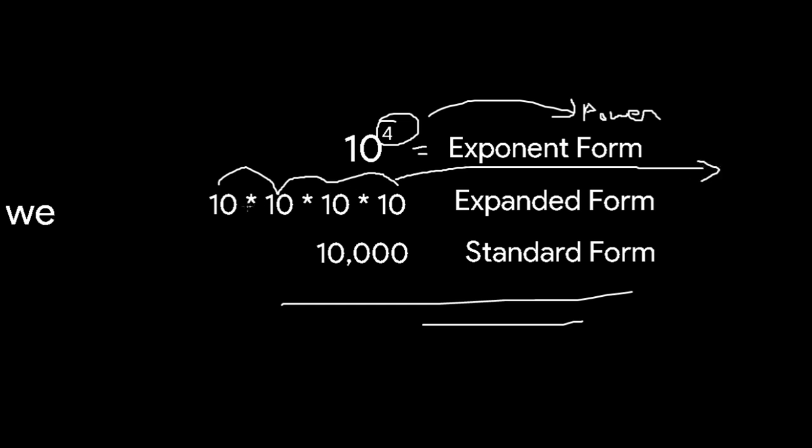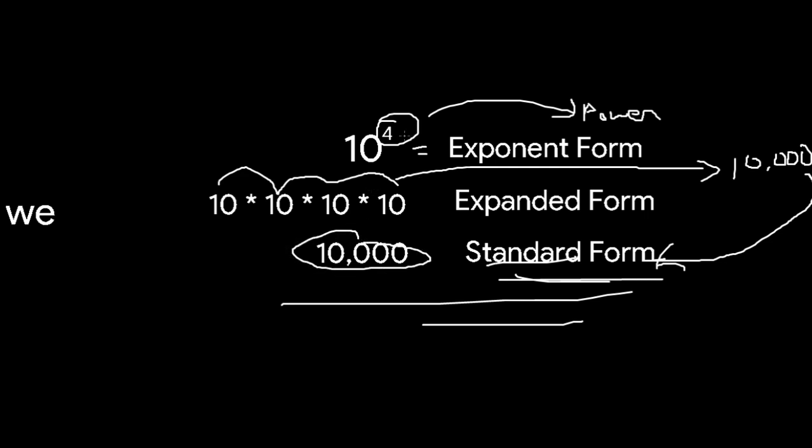When you multiply all this, you get 1, 2, 3, 4 zeros, and you get the same answer in standard form as well. This is how we usually write it. So you can write the same number in all these different forms.